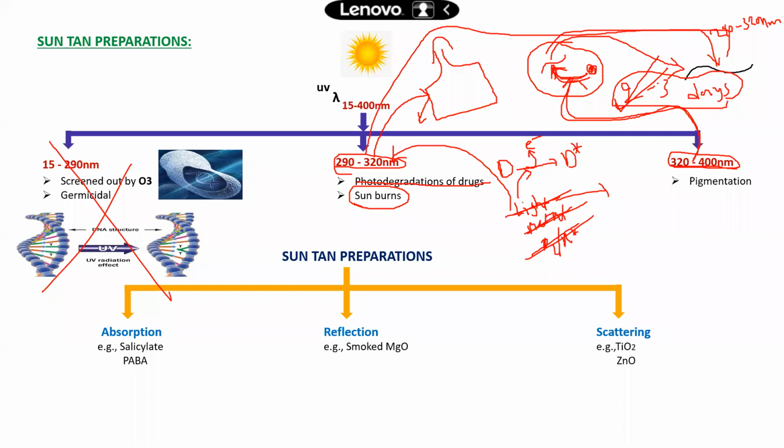By applying some cosmetic preparations which protect your skin surface during the initial period of exposure to sunlight. These are called suntan preparations. Tan means protecting your skin surface from the sun, which is 290 to 320 nanometer.